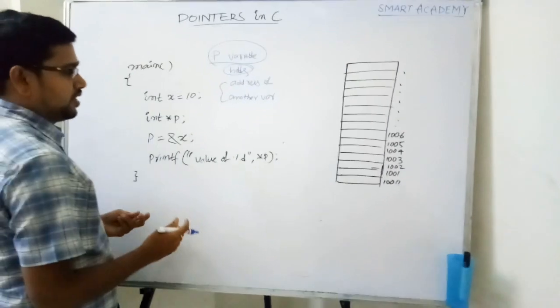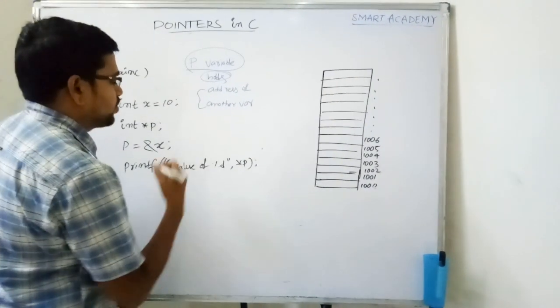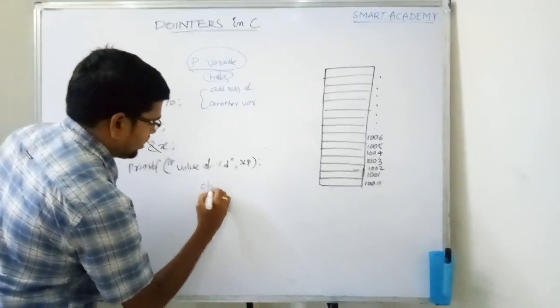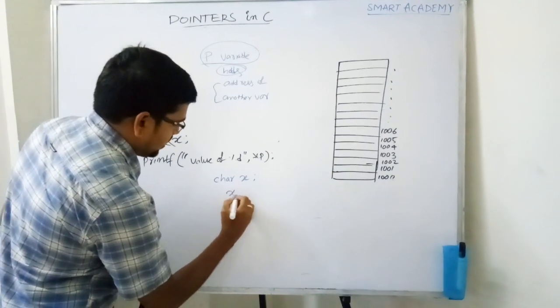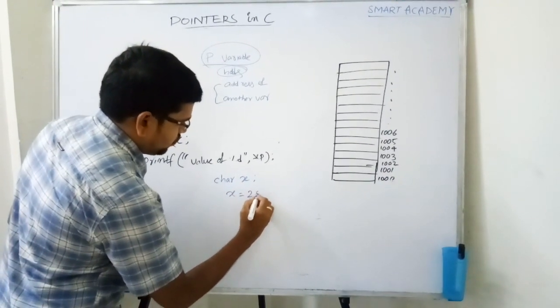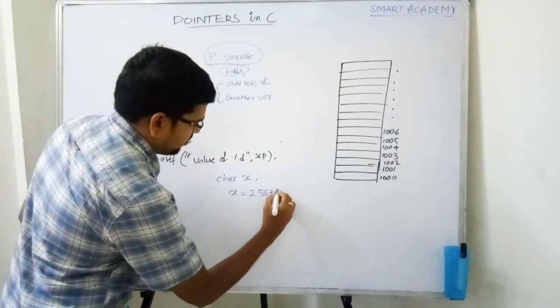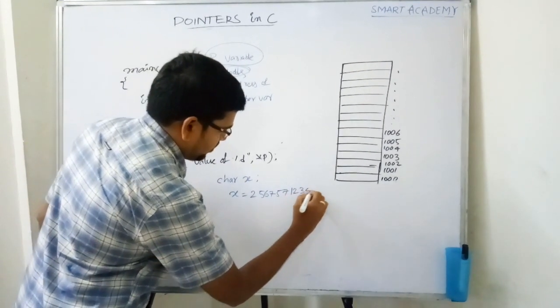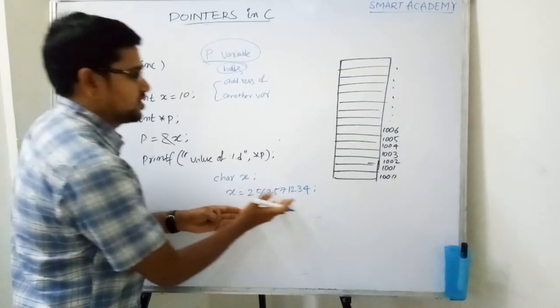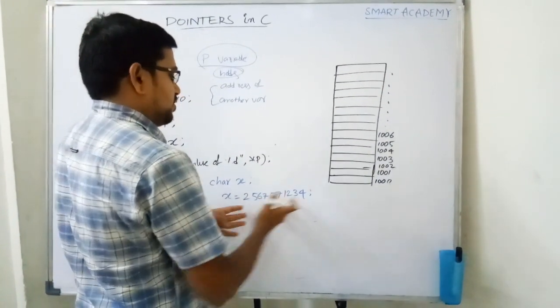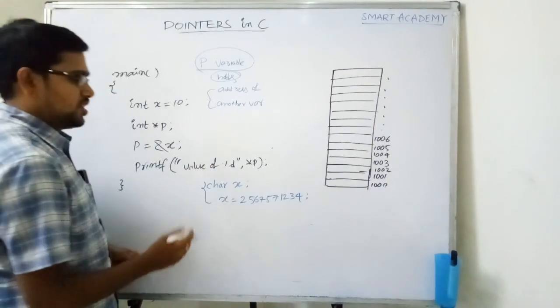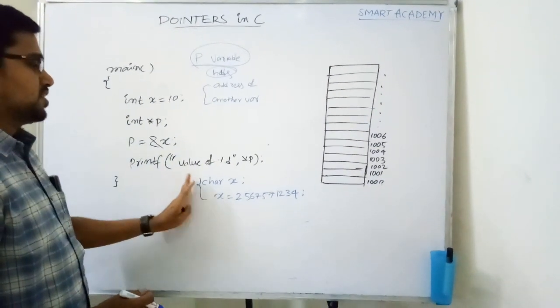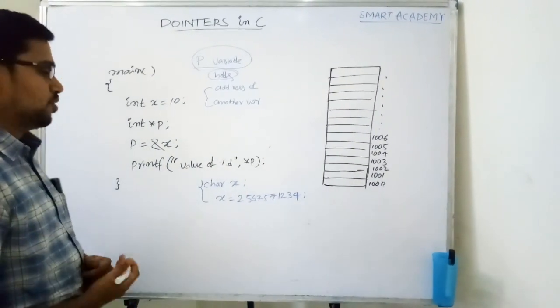What is the meaning of it? Let me just give you a simple example. Okay, let me define char x, x is equal to 2567571234. So how much is the number? It's a big number. Okay, so what is the mistake in this simple 2 line source code?